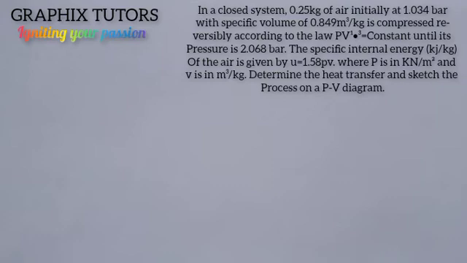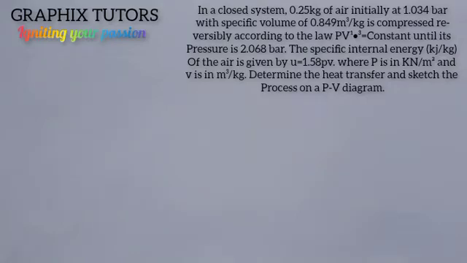It says in a closed system, 0.25 kilogram of air initially at 1.034 bar with specific volume of 0.849 meter cube per kilogram is compressed reversibly according to the law PV to the power of 1.3 equals C, the constant, until its pressure is 2.068 bar.